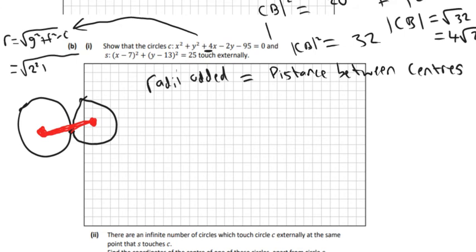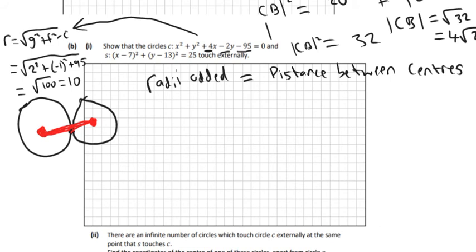So we do 2 squared, and then whatever is in front of the y has to be 2f. So 2f is minus 2, therefore f is minus 1. So plus minus 1 squared, and then take away what c is. c is minus 95, so we're taking away minus 95, so we're adding 95. So this will give us the square root of 100, and that will be 10. So that's the radius of C.